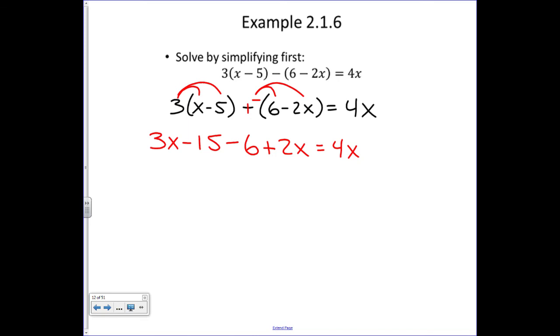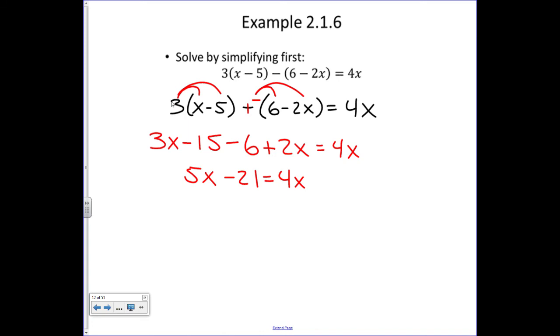So now we can combine like terms on the left-hand side. 3x plus 2x is 5x. Negative 15 minus 6 is negative 21. Now we want x's on one side, numbers on the other. And this time we're going to do this both at the same time.